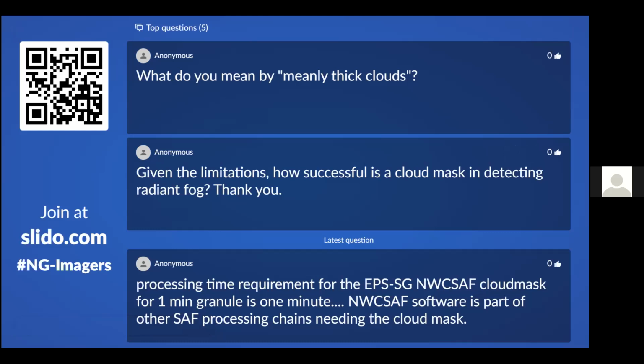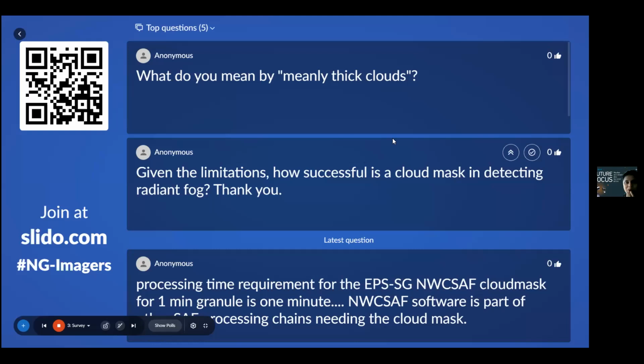And mainly thick cloud means clouds where no signal comes from the surface, but from the mid and lower part of the cloud. So the signal is not from the upper or highest part of the cloud, but from somewhere in the middle or at the lower part of the cloud. Okay.